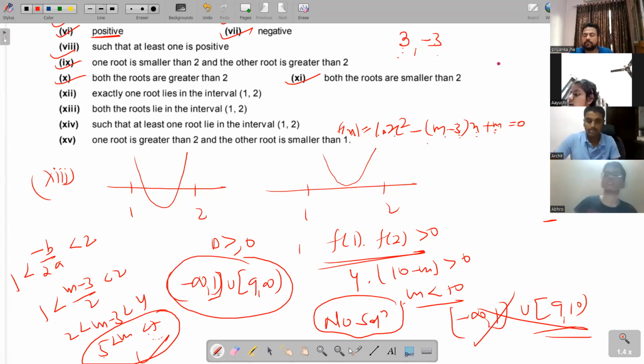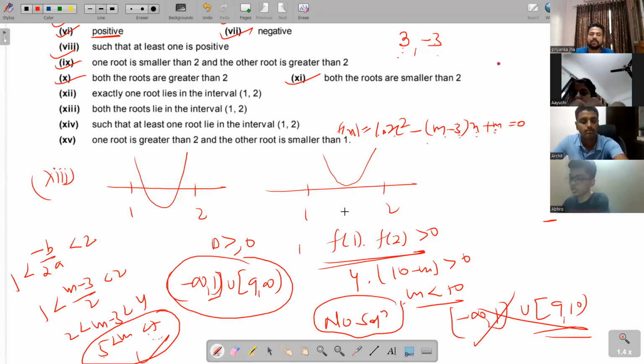Sir, f1 into f2 is greater than 0 नहीं समझ रहा है. That is fine. कि मतलब we can see that f1 is positive, f2 is positive, right? But because both roots will lie in this interval, so of course vertex will also lie in this interval. So if vertex has to lie in this interval, so m has to be between 5 to 7. But this value is not satisfied for this.